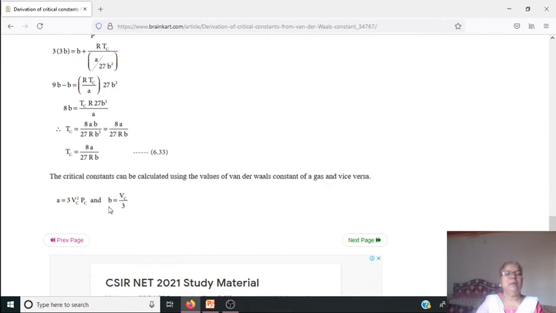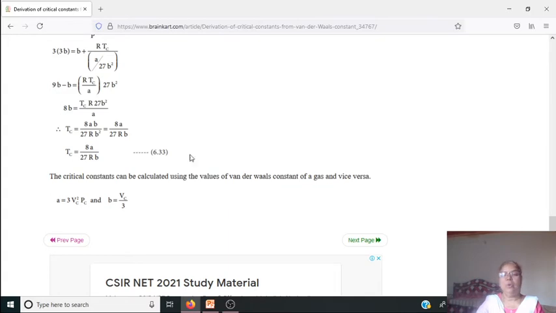These are the van der Waals constants in terms of critical constants. And next time we will derive the equations for van der Waals constants in terms of critical temperature and critical pressure.